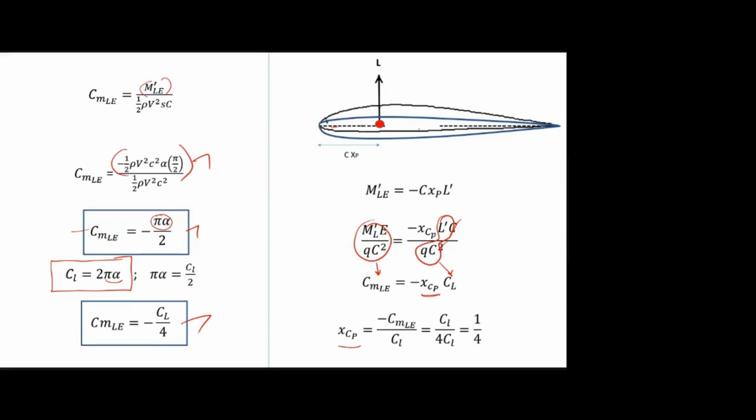What we need is the center of pressure location. So XCP is equal to minus CM divided by CL, and instead of CM we can substitute CL by 4. If we cancel, we will get only 1 by 4. So if you express it, it will be 25% of the chord. Is it clear? Center of pressure derivation for flat plate or symmetrical airfoil.